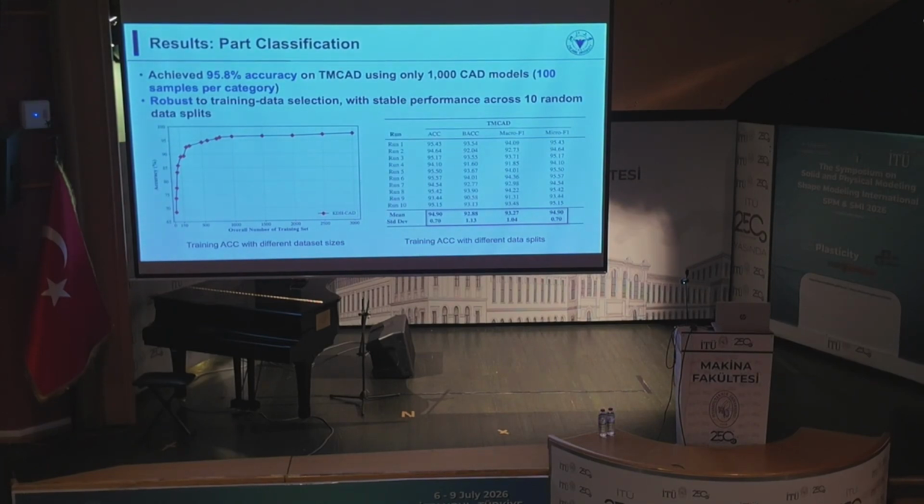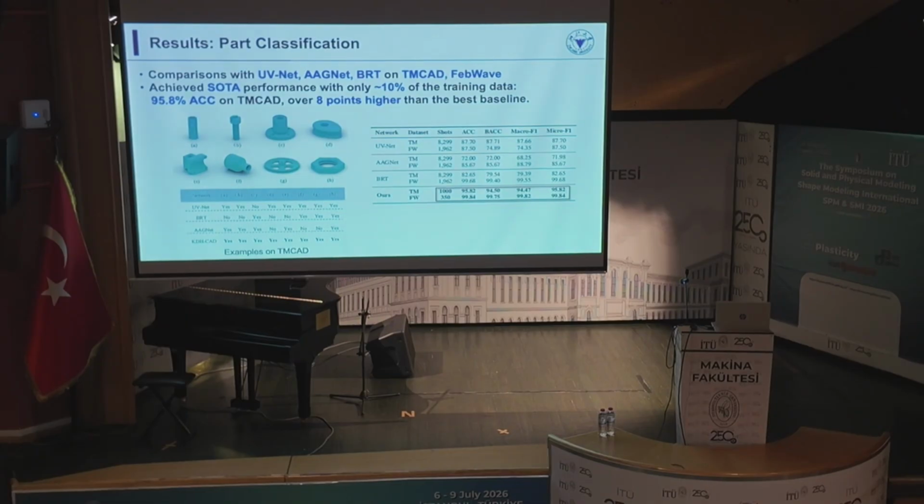On the TMCAD dataset, it reaches 95.8% accuracy with only 1,000 CAD data. Performance is also stable across different random splits, which indicates that the method is robust and not dependent on a specific data selection.